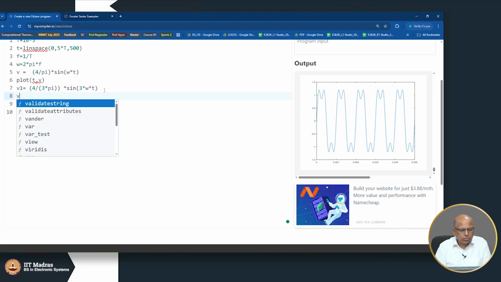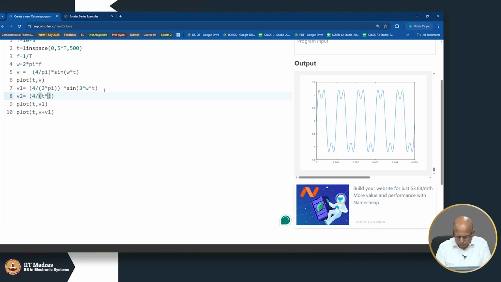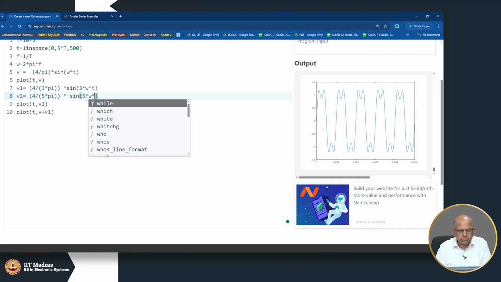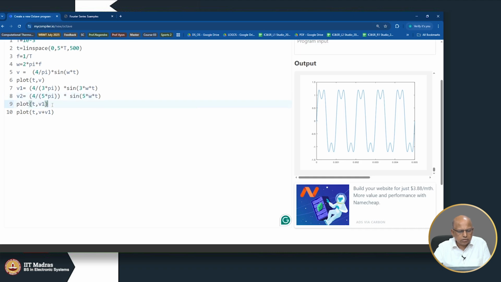Let us add the third harmonic, or I am sorry, the fifth harmonic. And we can add, we need not display these things, this is not so important.